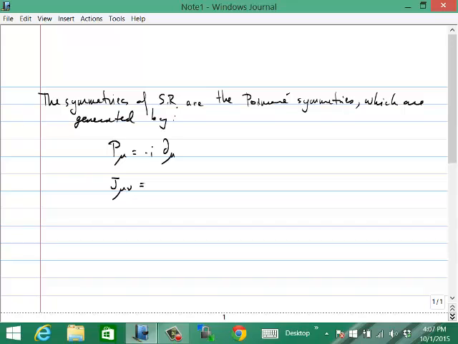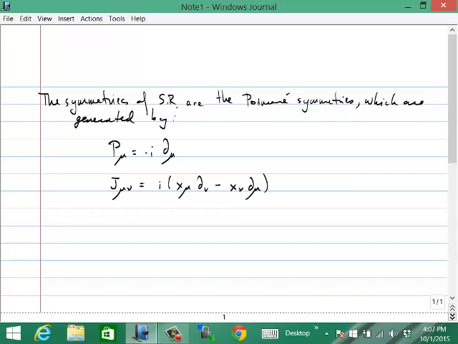Lorentz transformations is a differential operator that generalizes the differential operator x d by dy minus y d by dx that generates a rotation about the z-axis.